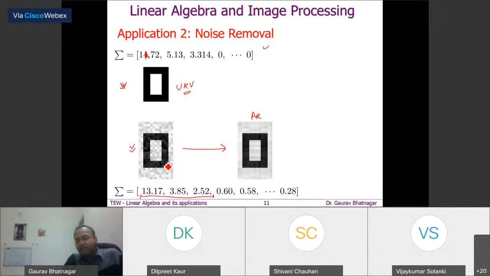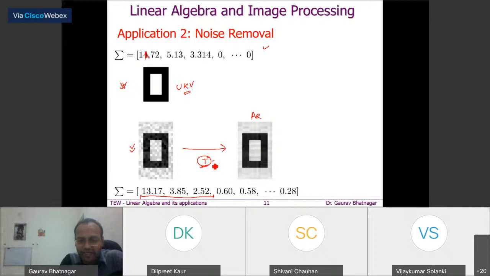So now what I can do is I can assume a threshold T, and I will say that if the singular value is less than this threshold T, I am going to delete those elements and replace them with 0, and then try to reconstruct my image.